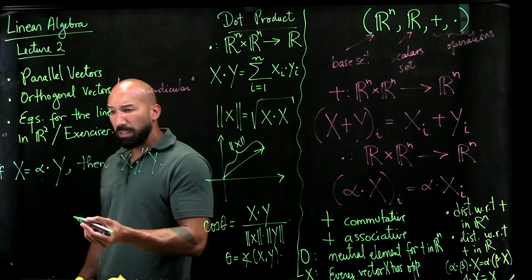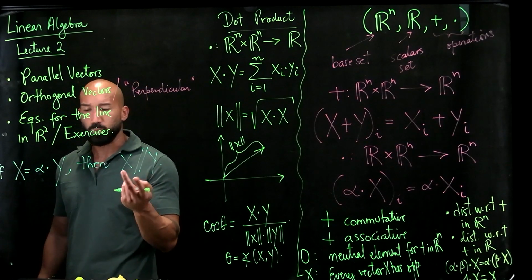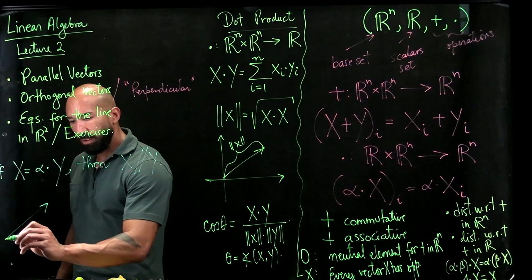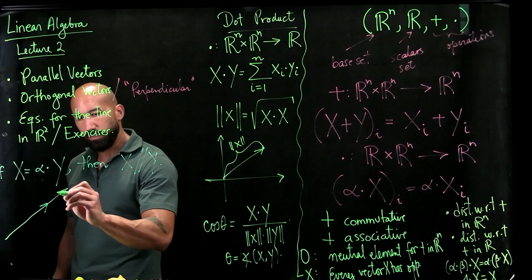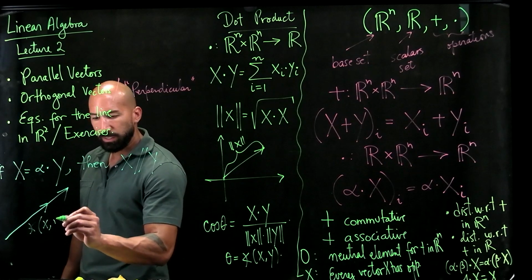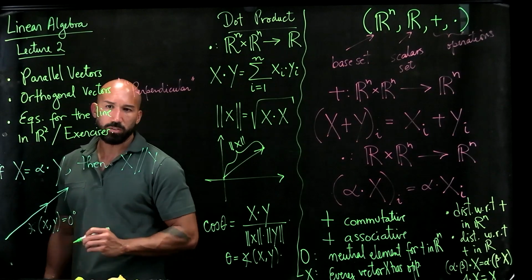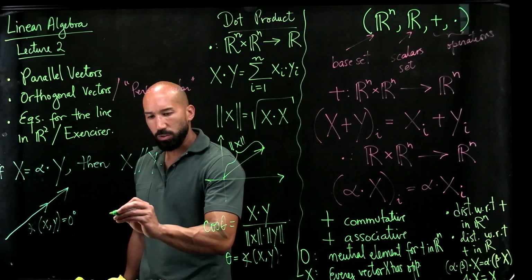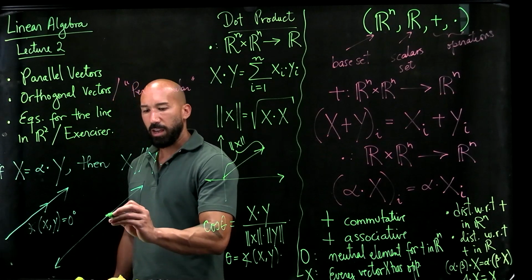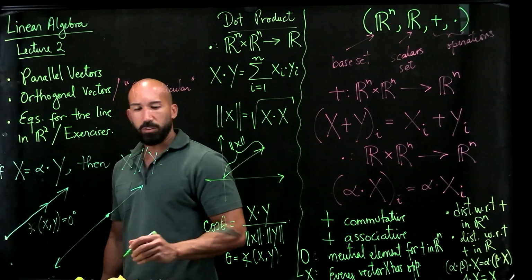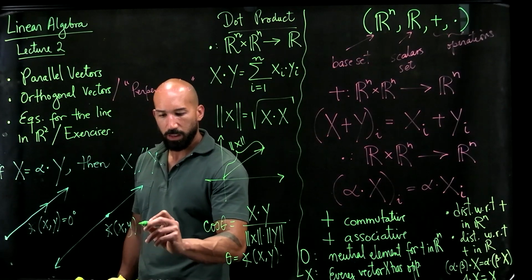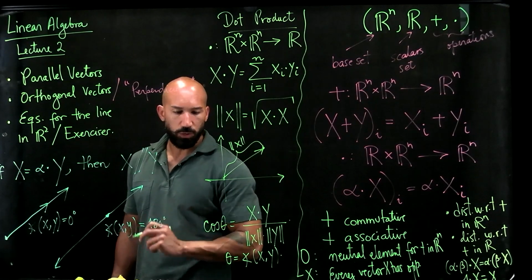To prove that, let's consider the two situations in which two vectors are parallel. If I have a vector x parallel to a vector y, one possibility is that the angle between x and y is 0 degrees. The other possibility is that the angle between x and y is 180 degrees.